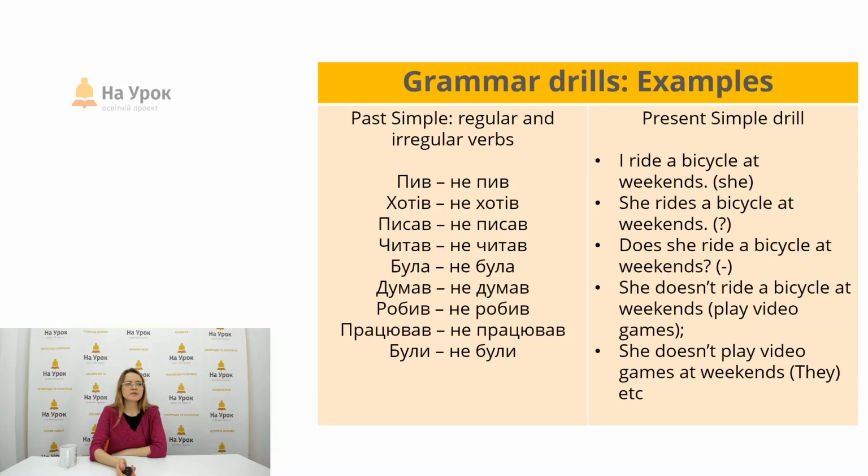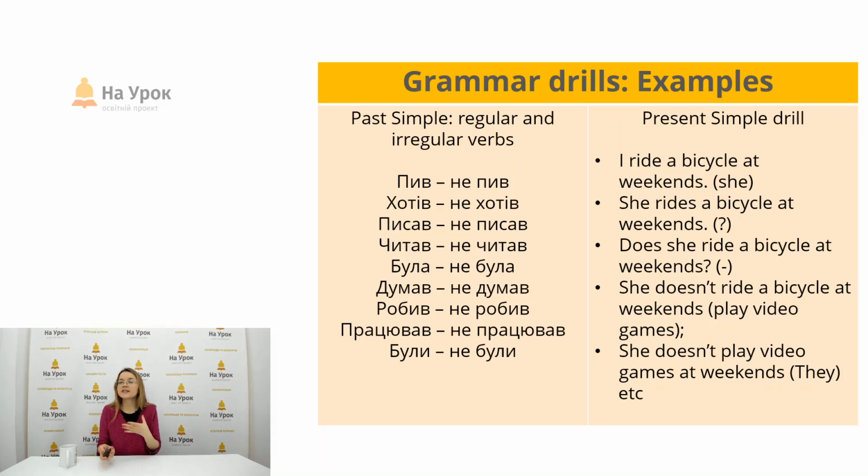So past simple, regular and irregular verbs. That's one of my really favorite drills. I actually borrowed it from a colleague who I'm really grateful to. So have a look. The problem with past simple is that we don't really remember when it is the second form and when it is the first form. And so you just go like, пив, не пив.